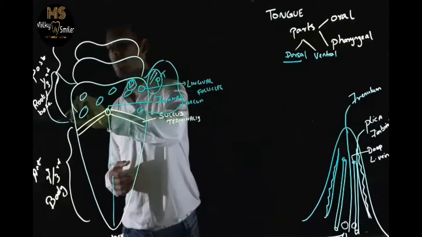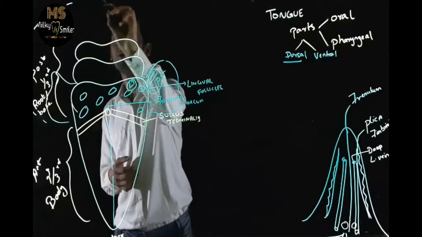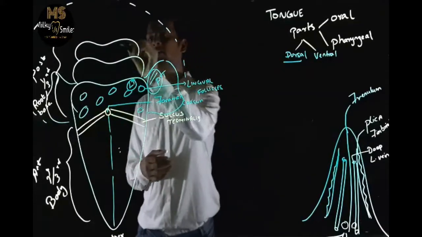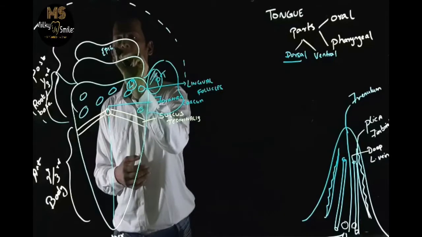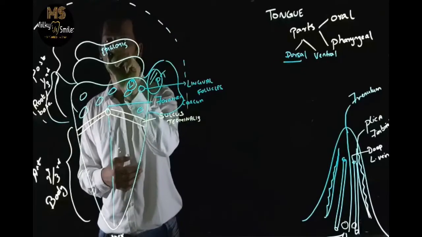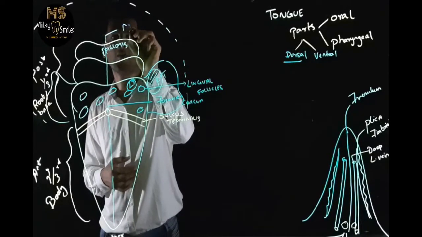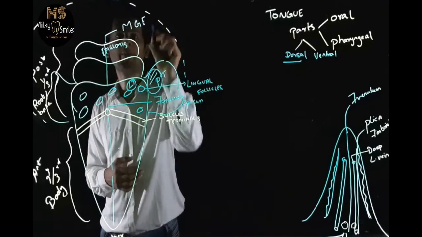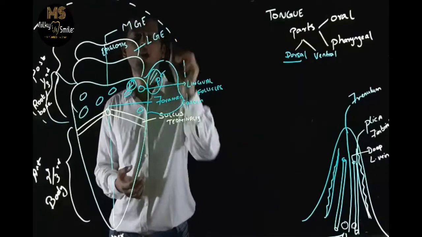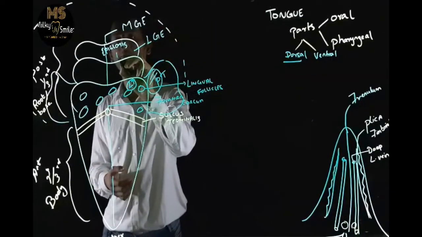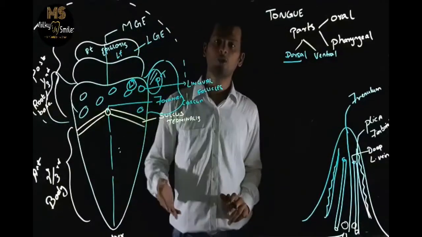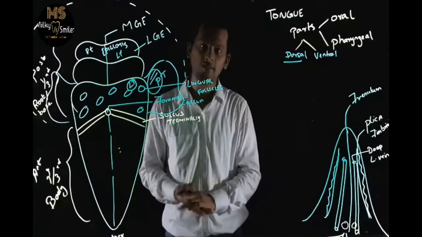Almost your posterior third of the tongue starts behind your palatopharyngeal arch, and this tongue is joined to the epiglottis by two muscular folds, your median glossoepiglottic fold and your lateral glossoepiglottic fold. This lateral glossoepiglottic fold has a left and right side. Okay. So these are the typical morphological features of your tongue.